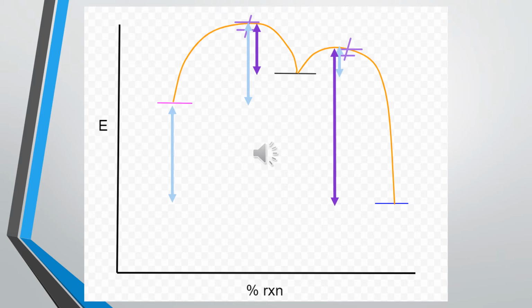They do not change the difference in energy between the reactants and the products. That's simply a function of the bonds that are broken in the reactants and the bonds that are made in the products. And that just can't be changed by a catalyst. A catalyst simply lowers those activation barriers and accelerates the reaction. It accelerates the rate at which a reaction reaches equilibrium. And of course at chemical equilibrium, the rate of the forward reaction is equal to the rate of the reverse reaction.